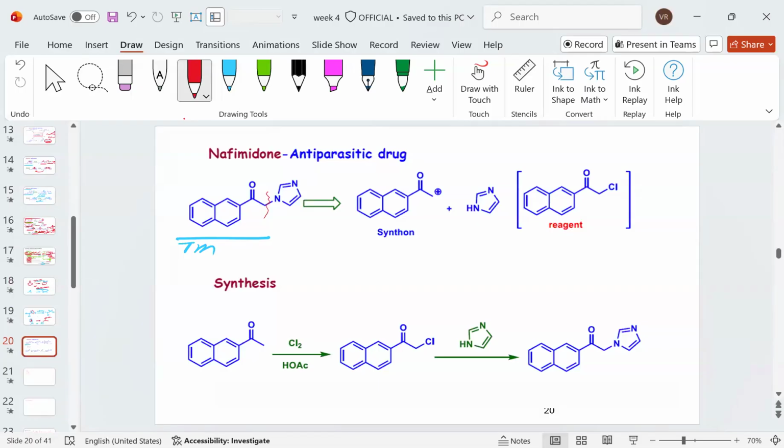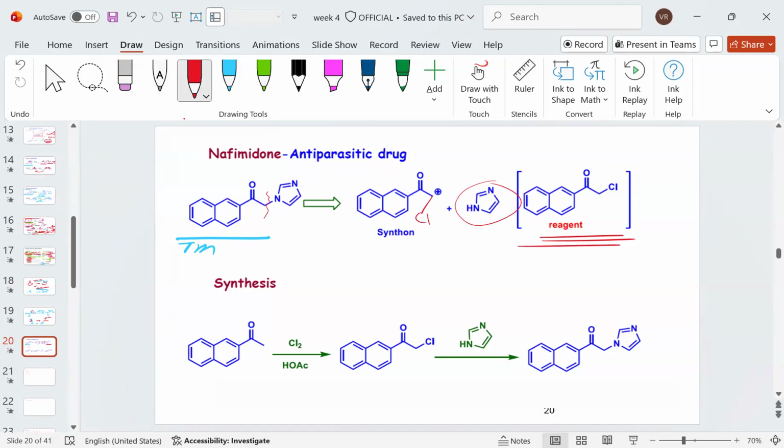This can be achieved from the chloro or bromo substituted derivative of this one, and this is another starting material. From these two reagents, we can achieve the synthesis of this. So it's a straightforward synthesis.